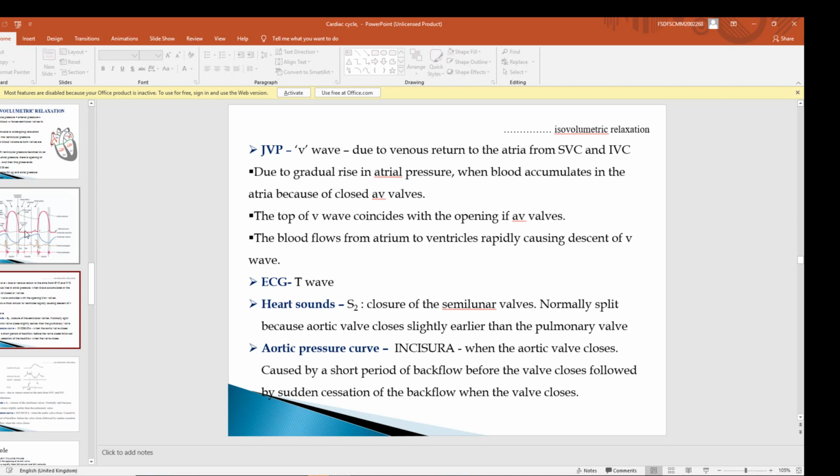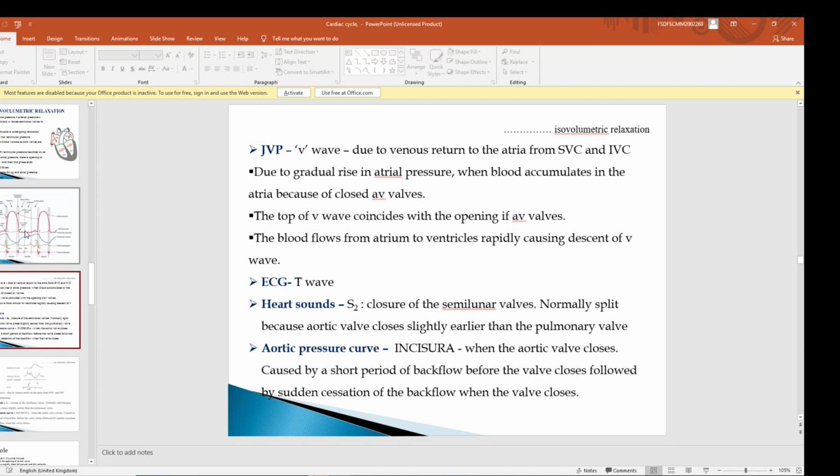The top of the V wave coincides with the opening of the AV valves. The blood flows from atrium to ventricles rapidly and causes descent of the V wave.